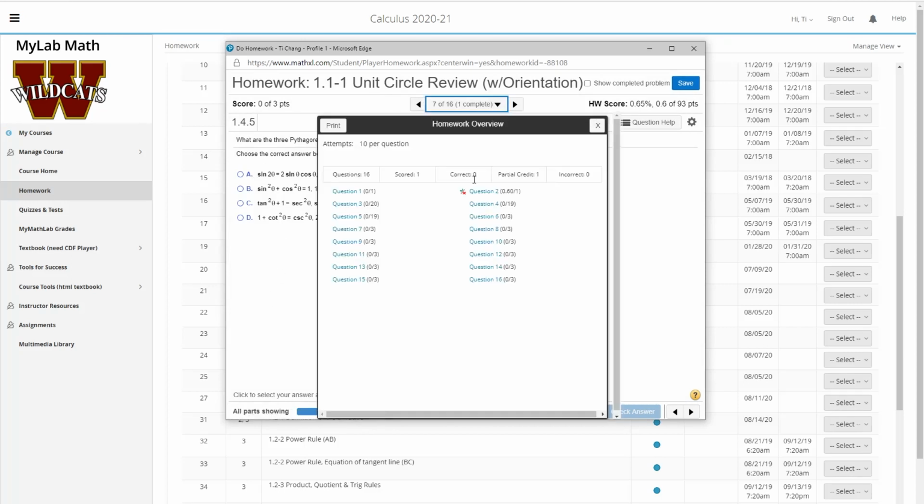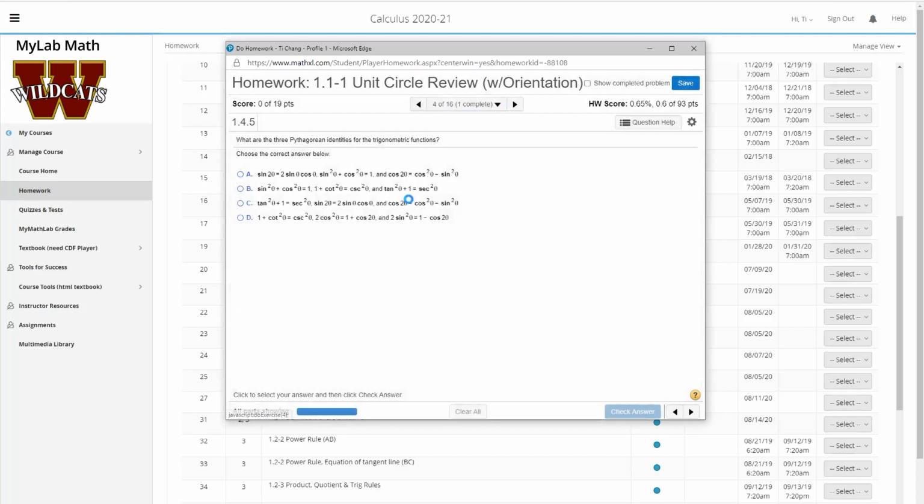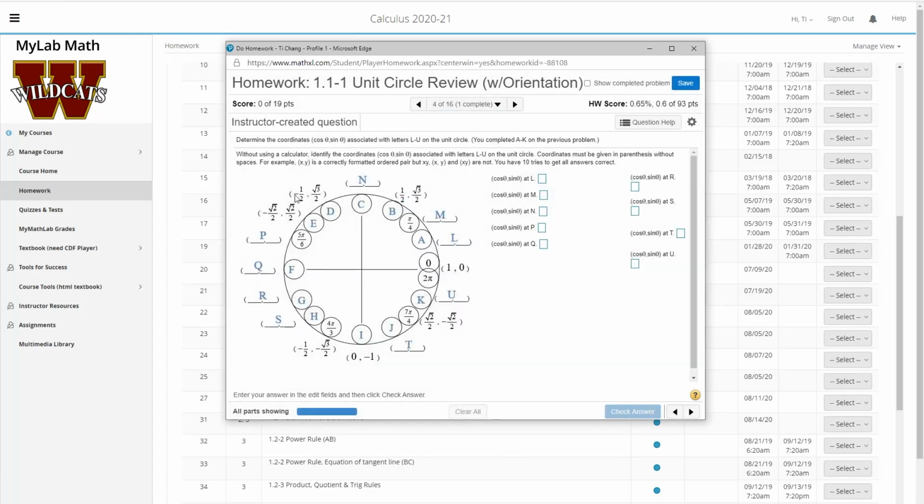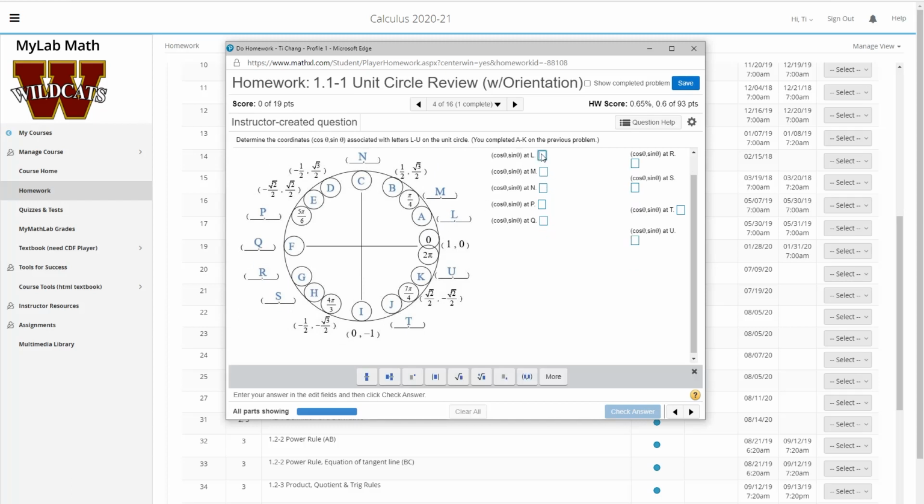Let me make sure. You have to do these things here too, the coordinates, and you would just type the x comma y. So like at L, this is square root of 3 over 2, so I would put in here square root of 3, and then I'm going to hit my right arrow to move out of the square root, and then hit divided by 2.